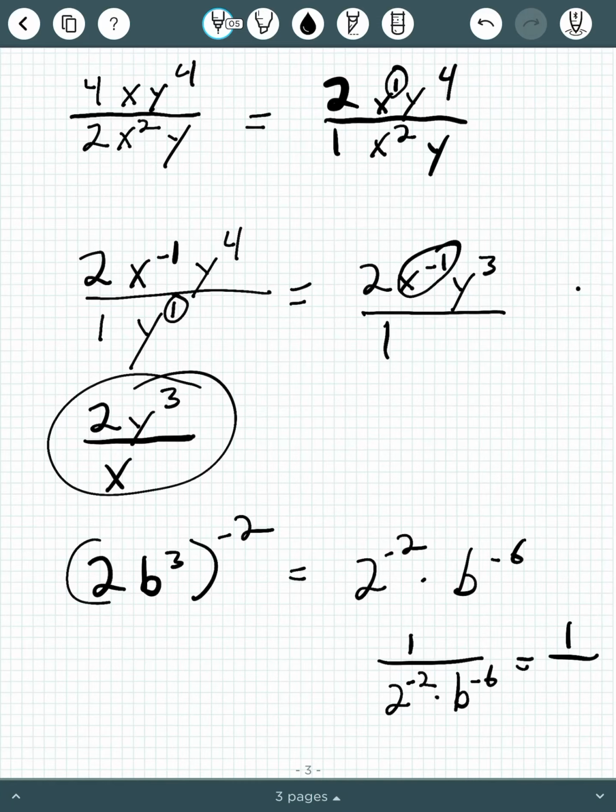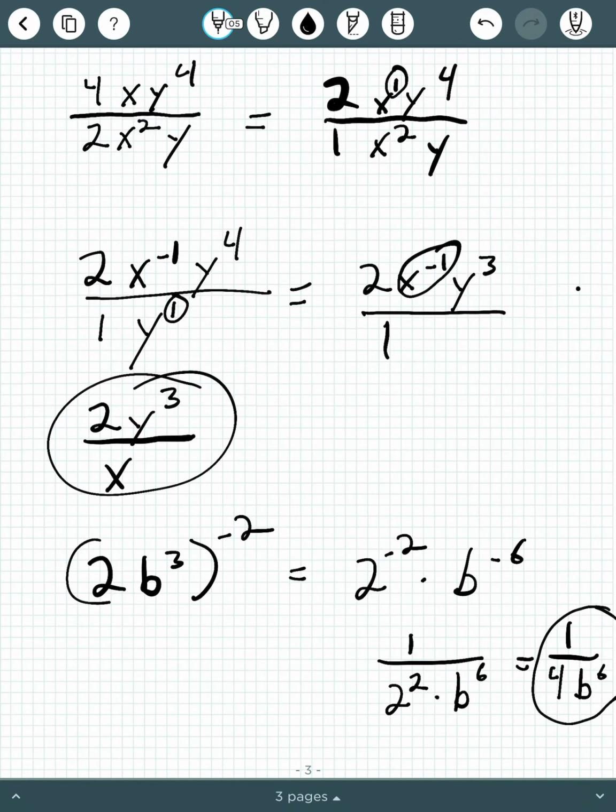I see my problem. When I flip to the bottom of my fraction, those really shouldn't be negative anymore. They should be positive. And that's what allows you to work with negative exponents. That's why we want to be able to flip them. So now I can do 2 squared and get 4. And then b to the sixth just remains the same.